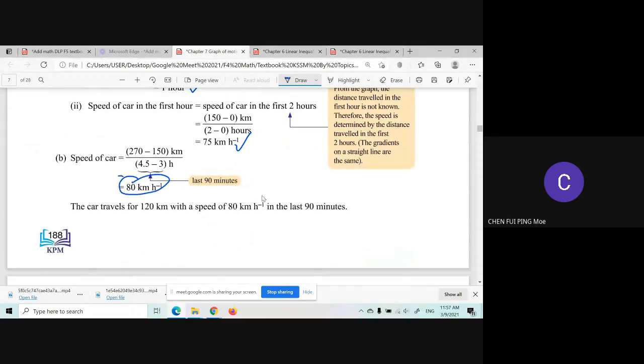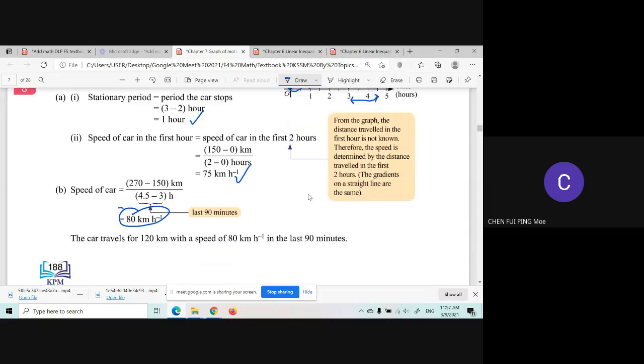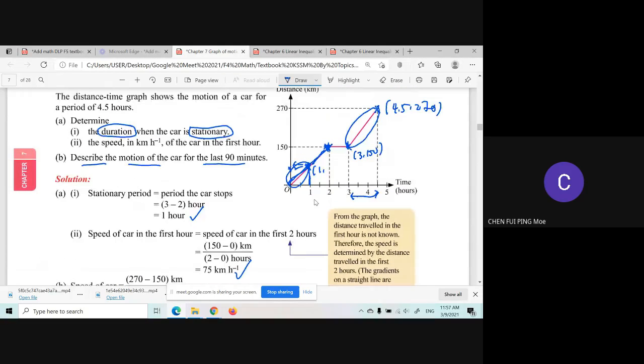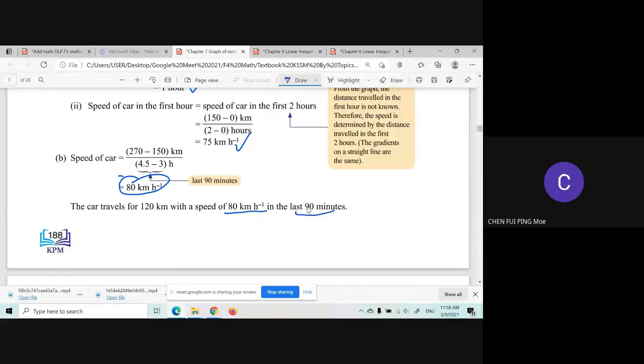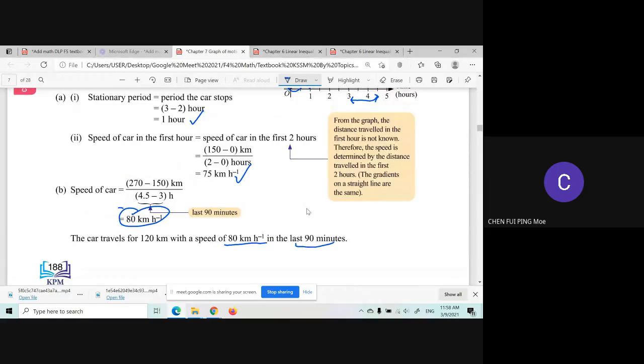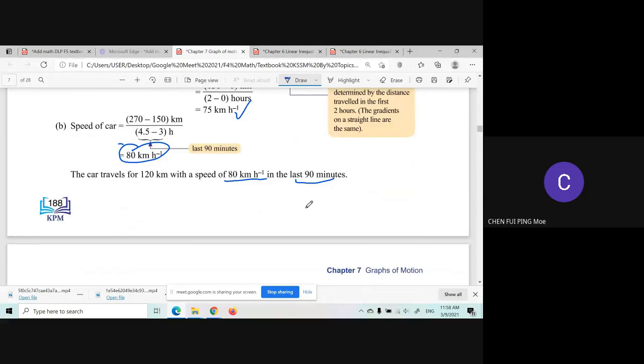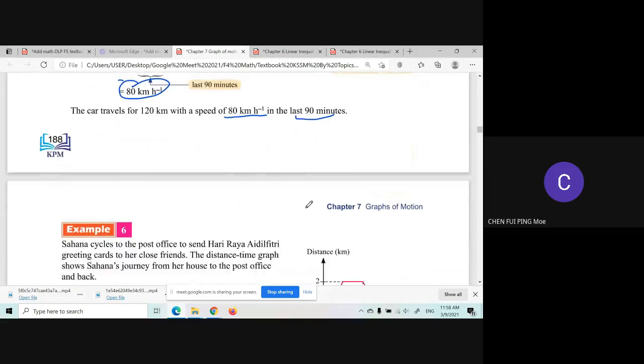Then you describe it like this. The car travels for 120 km. How do we know 120 km? 270 minus 150, the distance traveled is 120 km. So 120 km with a speed of 80 km per hour in the last 90 minutes. This is how we explain. You can explain about the distance and also about the speed.